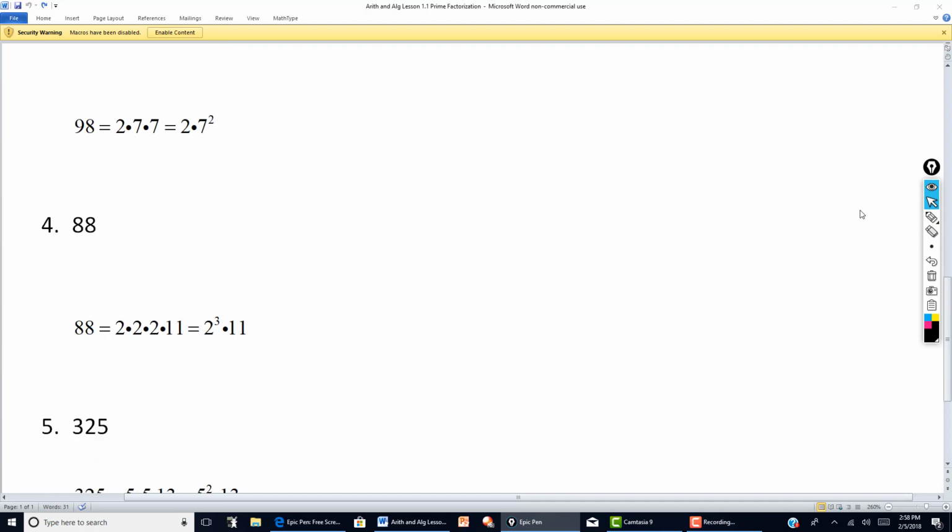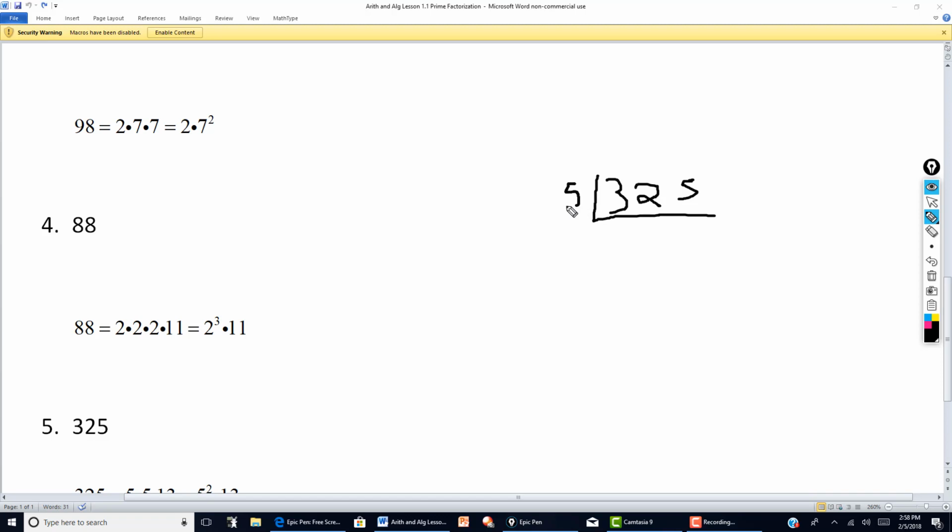325 is the next one. So 325. The last digit is not even, so it's not divisible by 2. 3 won't go into it.